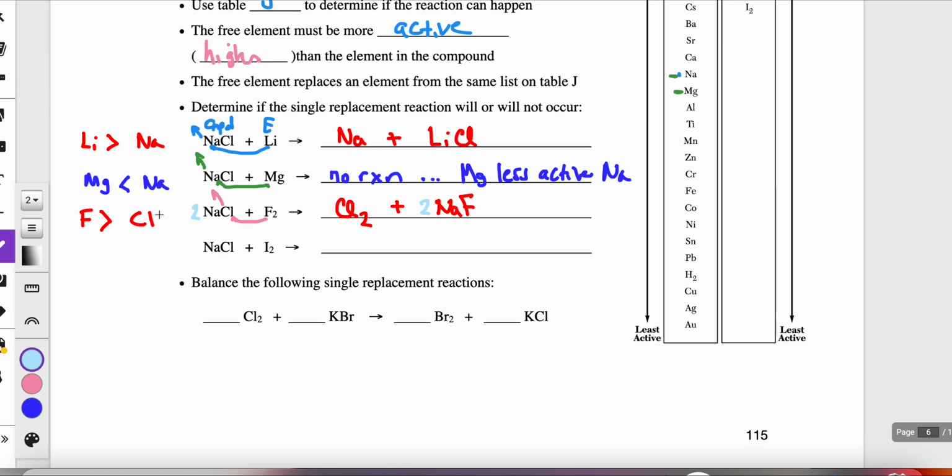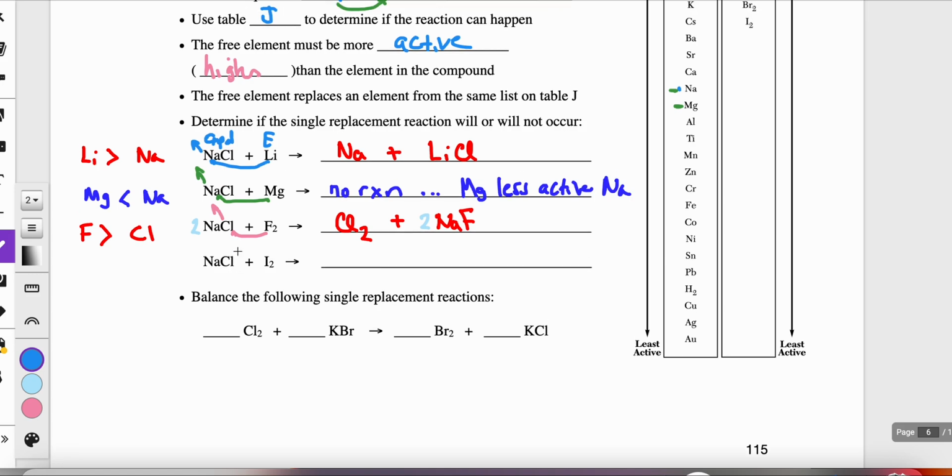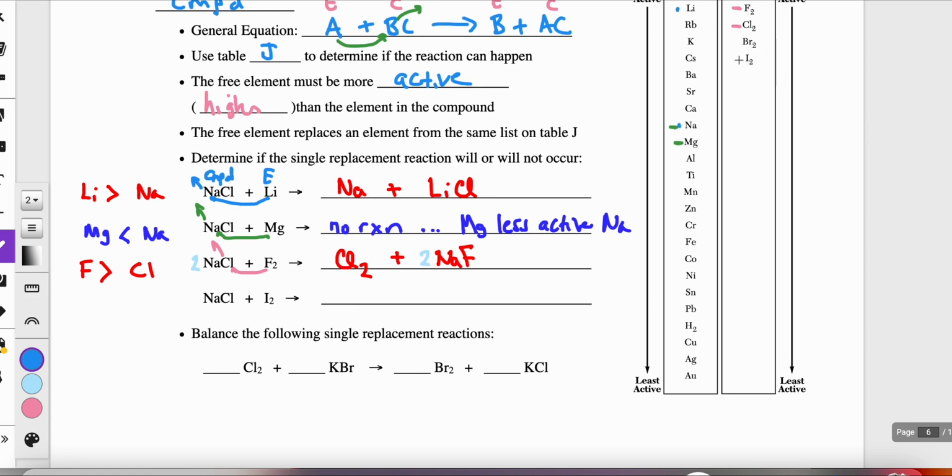Last example here. In this example, we have the element iodine, and it wants to be able to replace one of the partners. When we take a look and find iodine, here it is. Iodine is in the same list as chlorine. So iodine wants to be able to kick chlorine out. But you have to think about their relative activities.